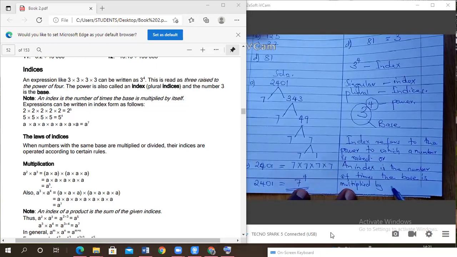The base is multiplied by what? By itself. Are we together, students? Yes, teacher. So that's what we call an index: the number of times a given base is multiplying itself.